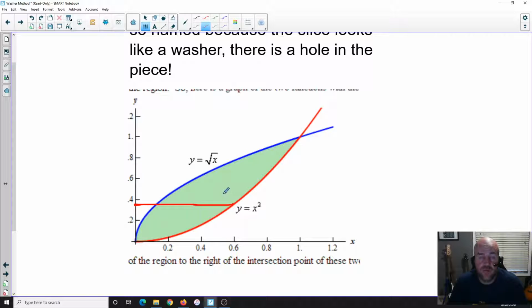The x squared function is further away from the y-axis than the root x. So notice the blue line is shorter than the red line. Okay, so the red line's our big radius, and the blue line is our little radius. So we've got to keep that in order.